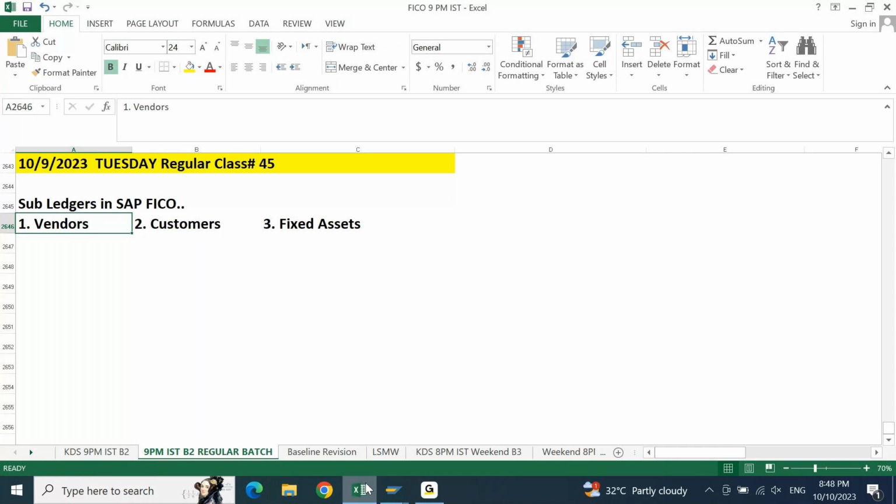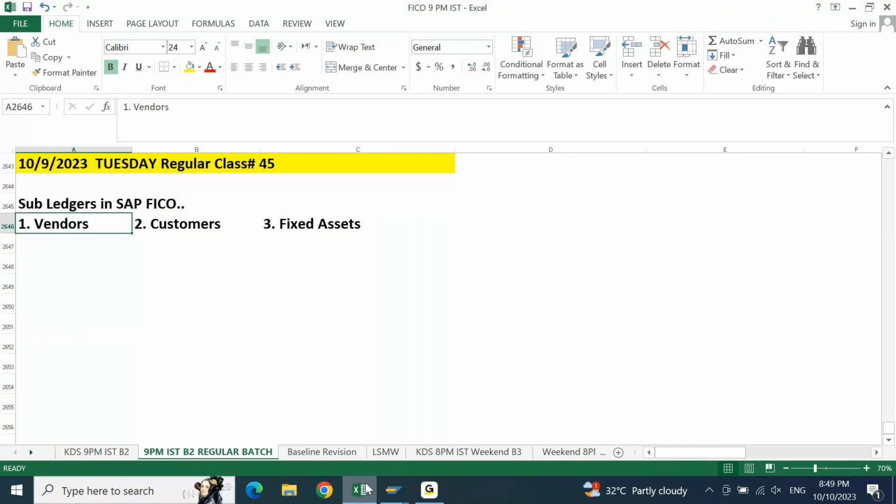When you're talking about vendor, customer, fixed asset, always see this from the account point of view only: vendor account, customer account, fixed asset account, irrespective of debit or credit. Based on the nature of the entry, you may be debiting a vendor account, you may also credit the vendor account. In short, debit and credit are both possible.